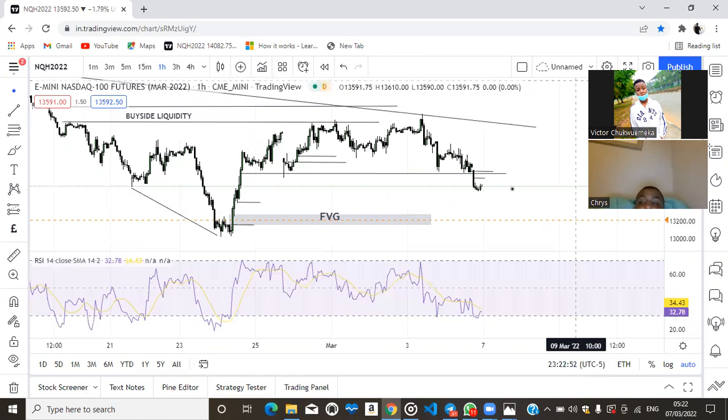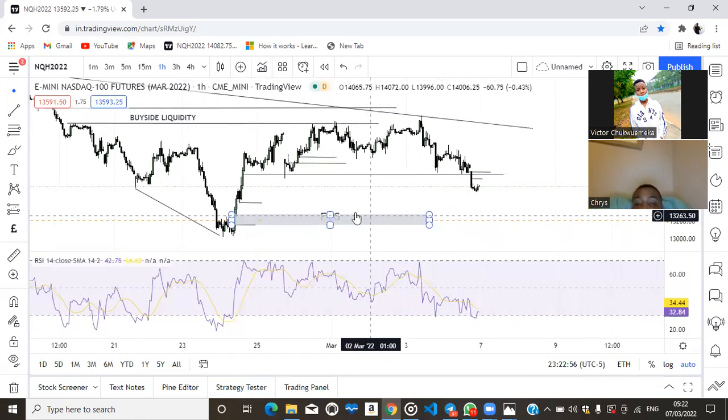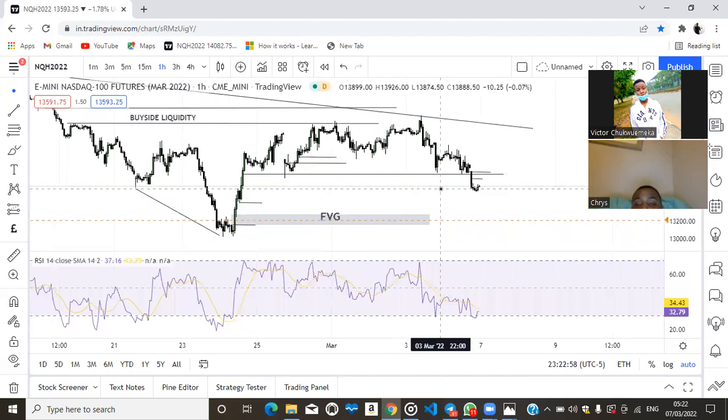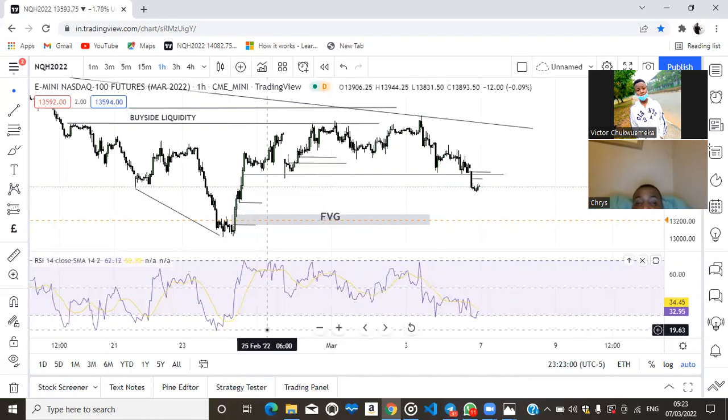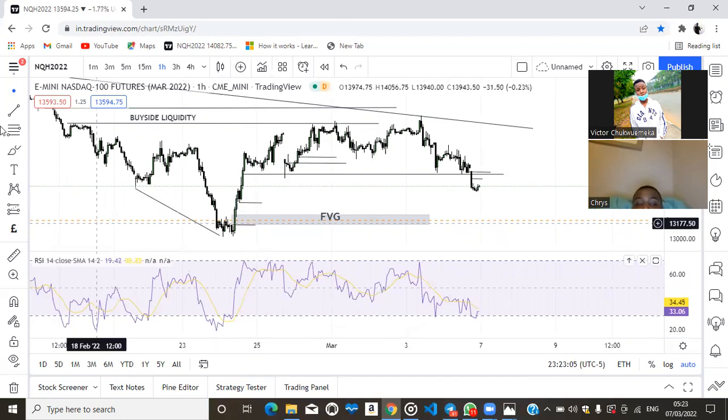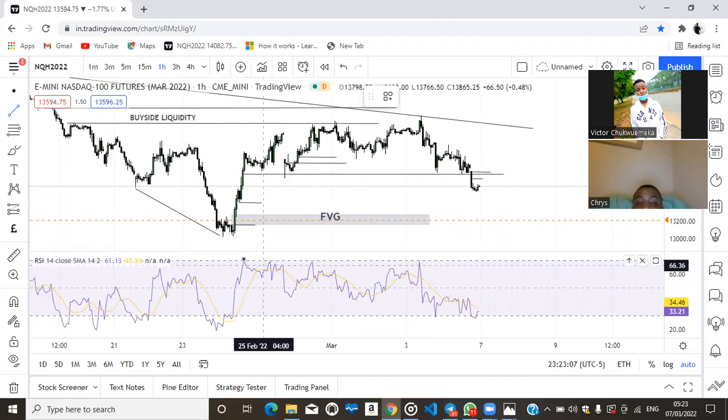You see what I was saying, bro? RSI will show you that this is probably SMT divergence. You can see SMT here. If you assume it took a sell, you can see this divergence here on RSI.